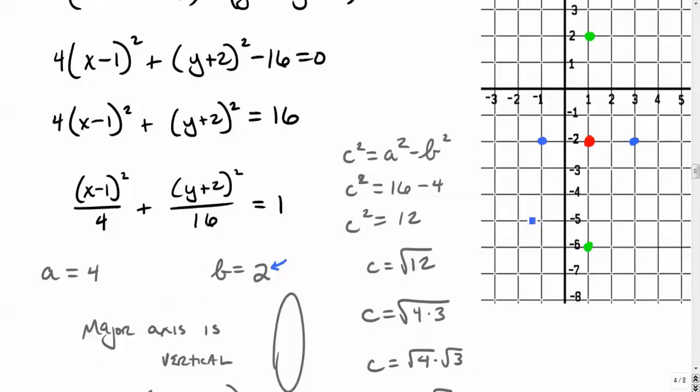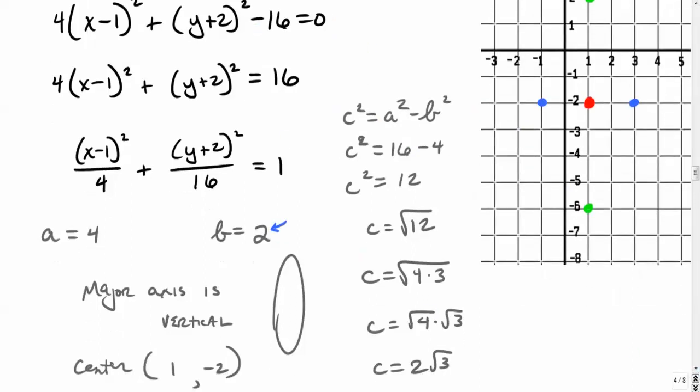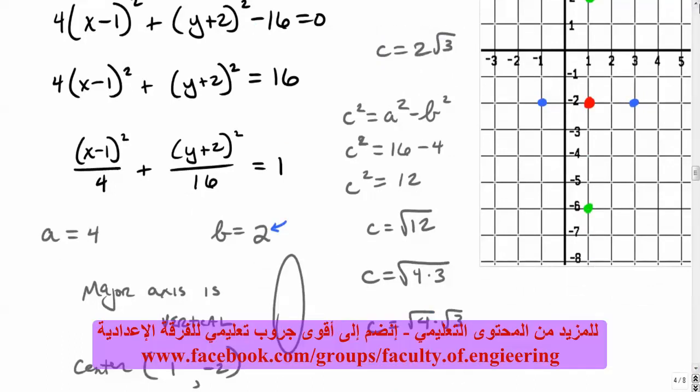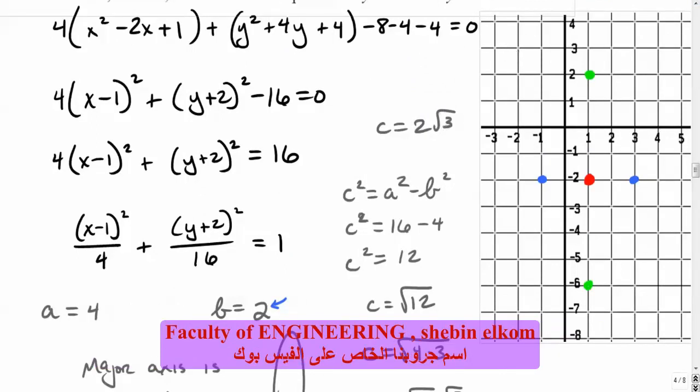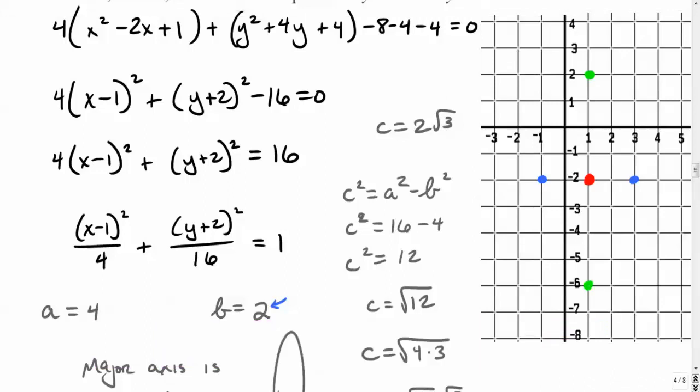And the next thing we want to figure out is the location of each focus. We're going to do that by looking at the C value. The focus is 2 radical 3 units away from the center. 2 radical 3 is about 3.5 or so, if I'm not mistaken.